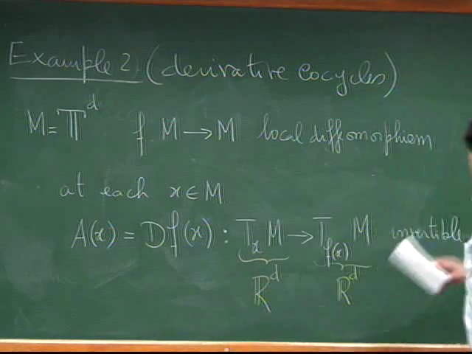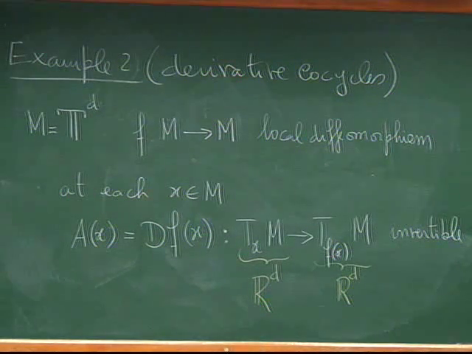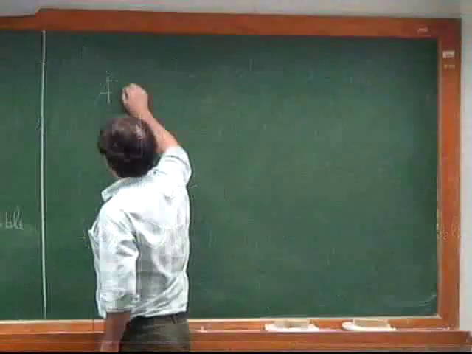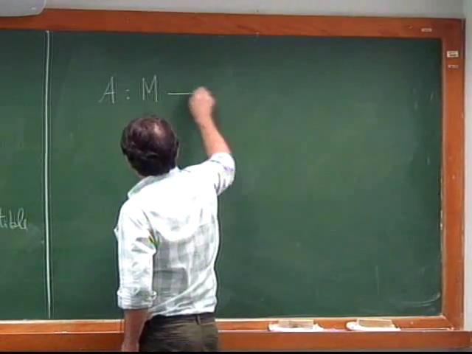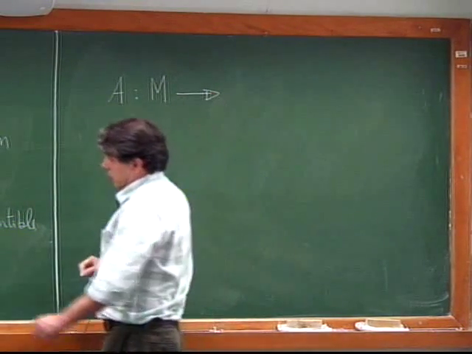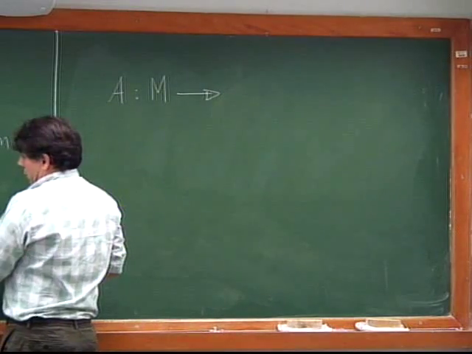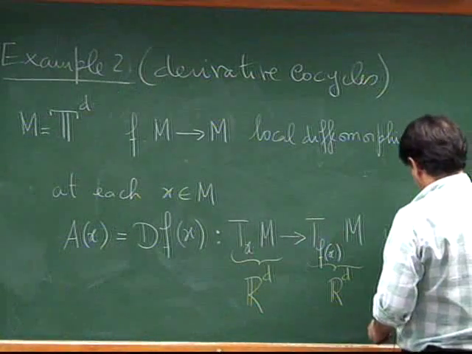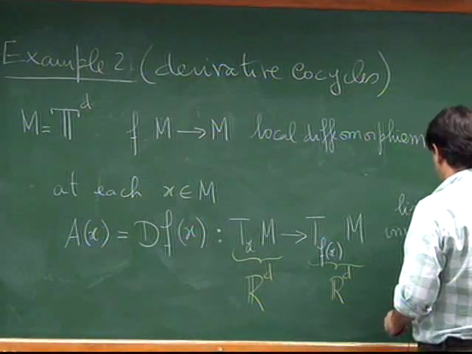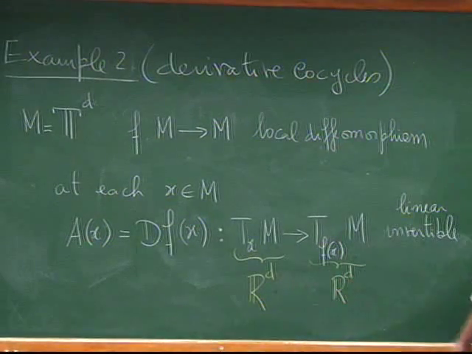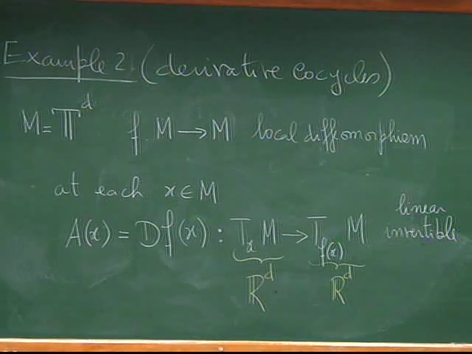Okay? So what this means is that A is a function from the torus to the space of invertible linear transformations from Rd to Rd, which is just GLd.